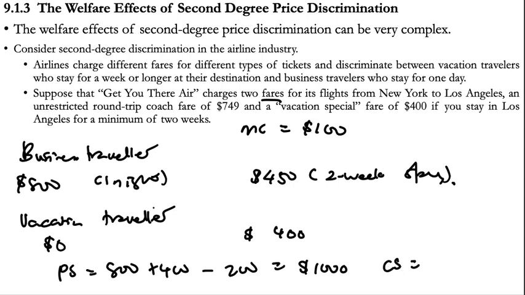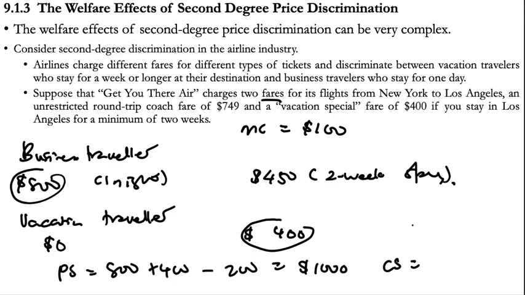And at the same time, what happens to the consumer surplus? Consumer surplus has been captured for the business traveler. This is the reservation price, isn't it? 800. But this reservation price actually has been captured by the airline company. And at the same time, for the vacation traveler, the highest reservation price is 400, which has been all captured by the same airline.